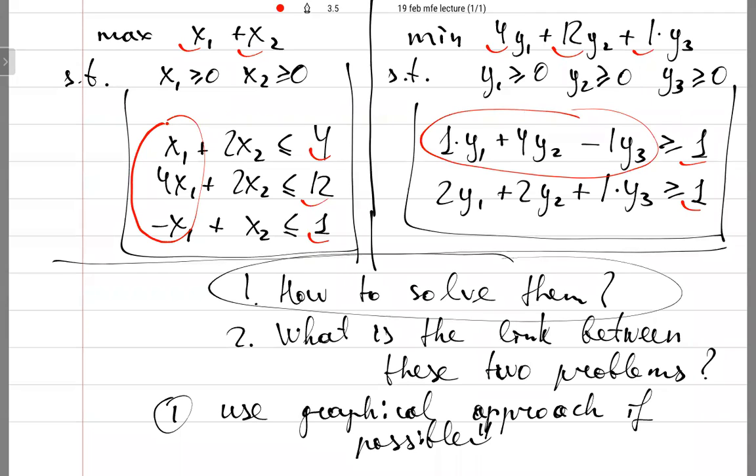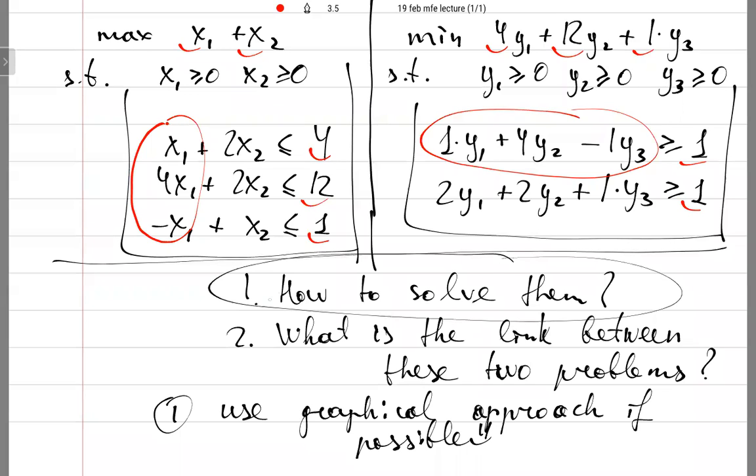So the rows of the first problem are the columns of the second problem. And it happens that the link is very deep and it's used in other optimization algorithms. This link is exploited and it's very important.